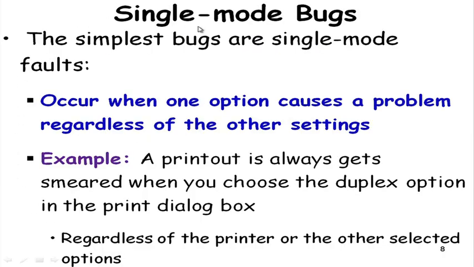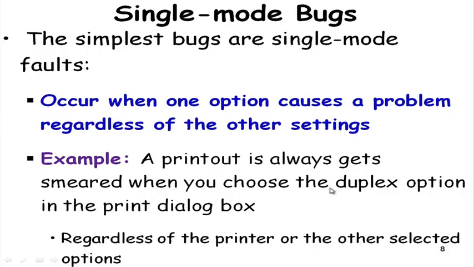Now, let us look at an example of a single mode bug. A single mode bug occurs when one of the parameters is set to some value, and irrespective of the settings of all other parameters, we have a problem. Just look at an example: the printout always gets smeared when you choose the duplex option in the printer dialog box, regardless of the printer type and other selected options.